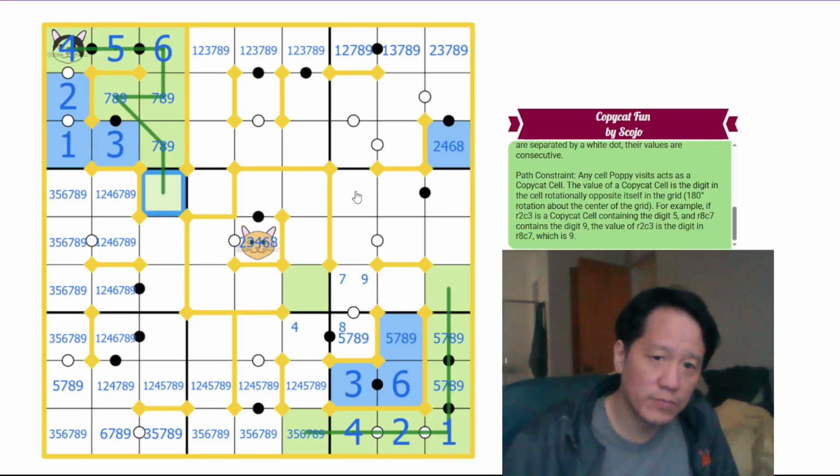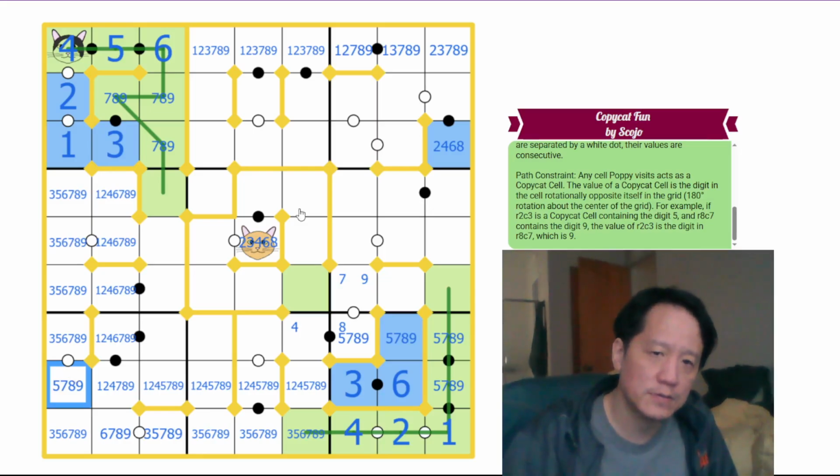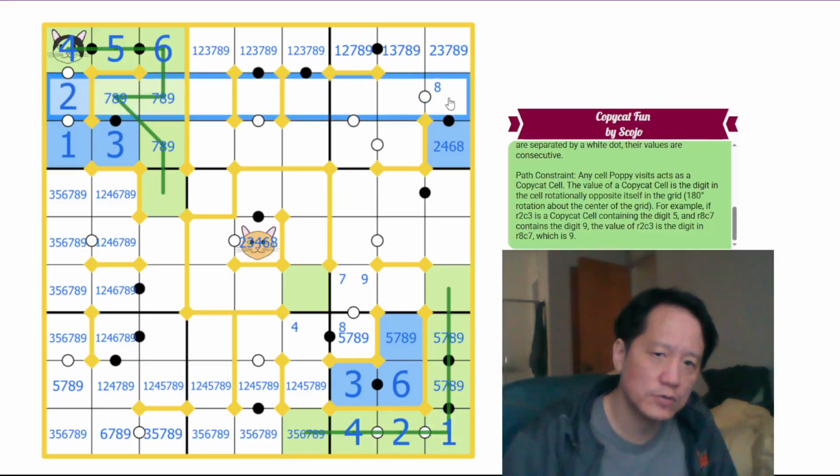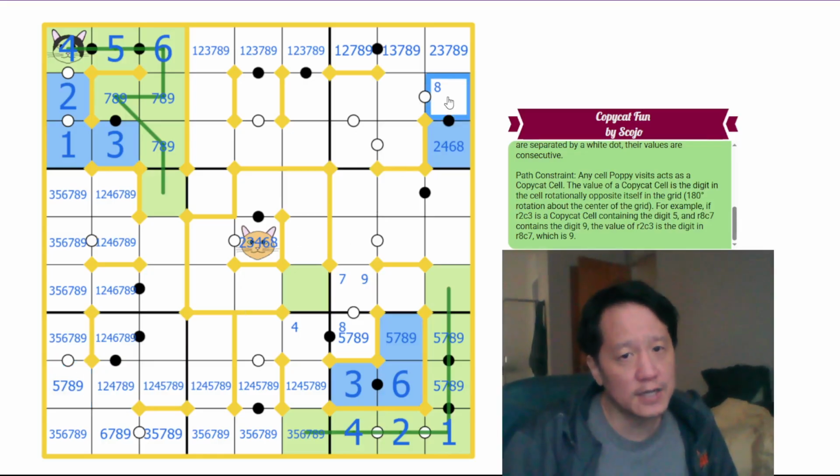Okay. This can either be value of 8 to be copycat, cannot be value of 1, cannot be value of 2. So if it's copycat, it's a value of 8. If it's not a copycat, it can't be 1 or 2.